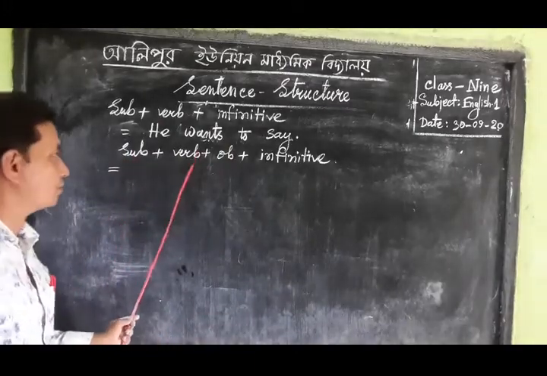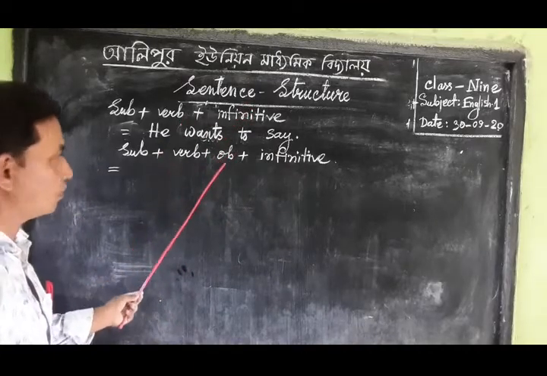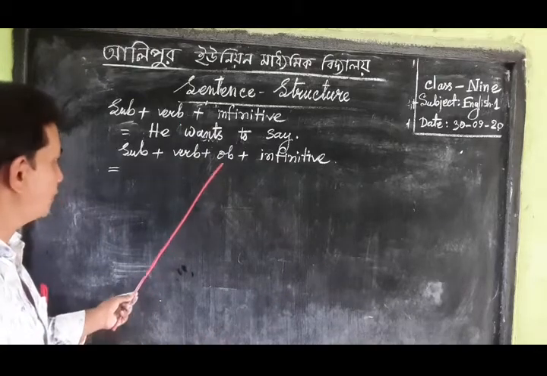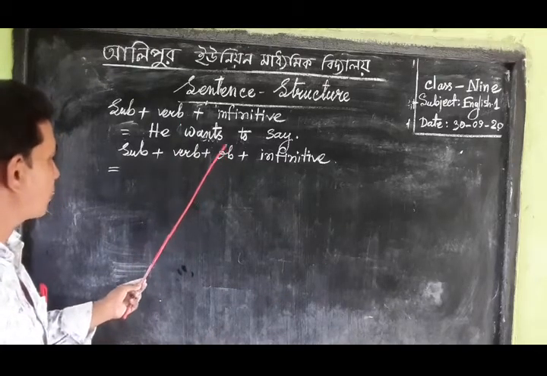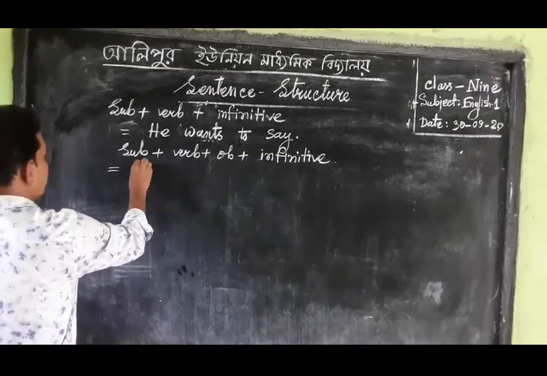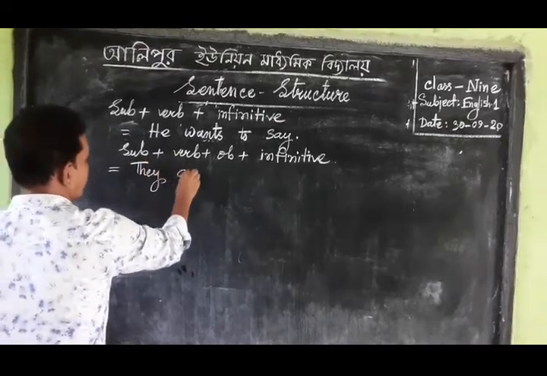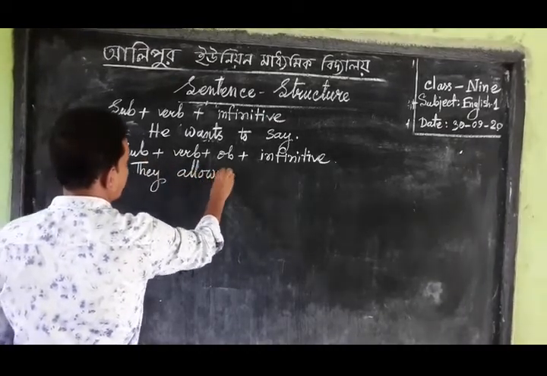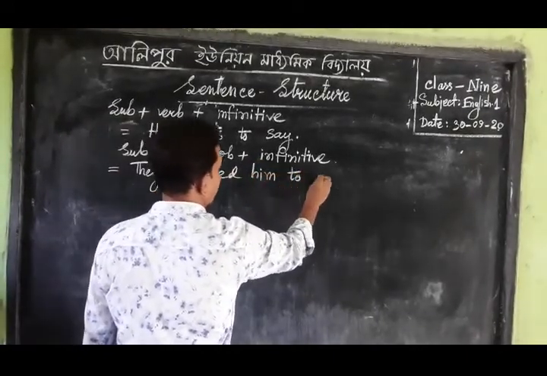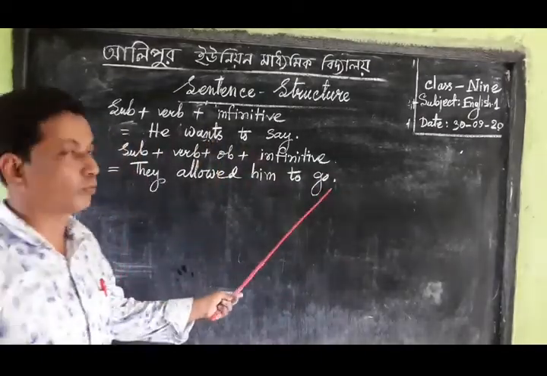Subject plus verb plus object plus infinitive. There a new word is added, object. And now I will show you an example of this structure, such as: they allowed him to go.